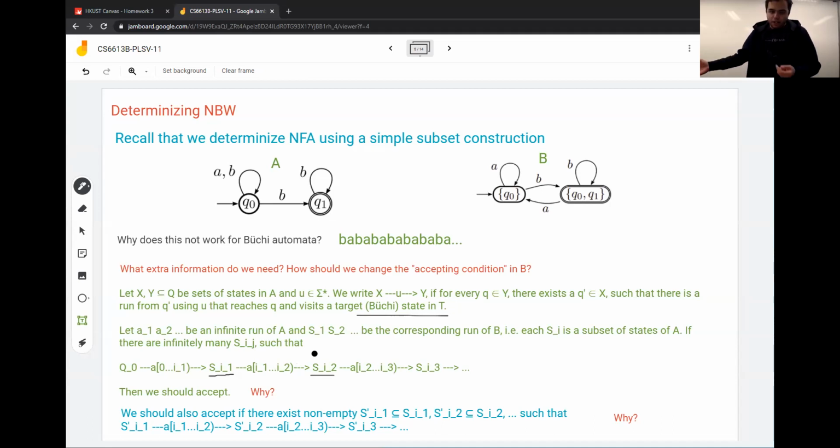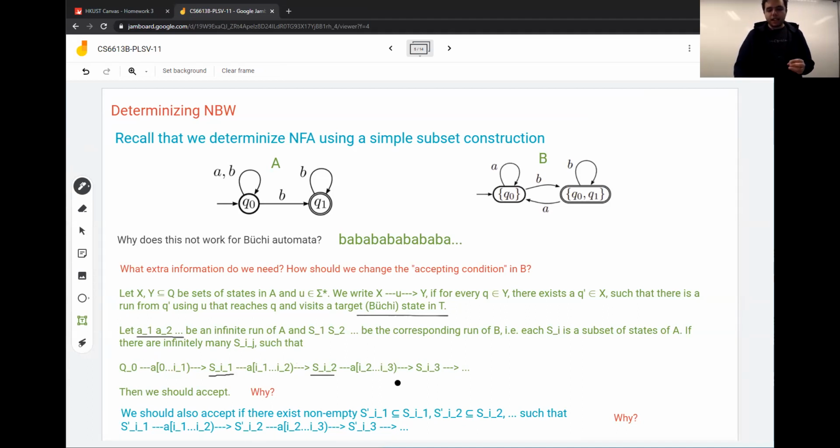And this goes on and on. And actually, you can easily prove that this gives you a path in the original automaton that visits the Büchi states infinitely many times, right? And actually you can show that this infinite run, if it's accepting, would be part of this. This is exactly the example that you're looking at.